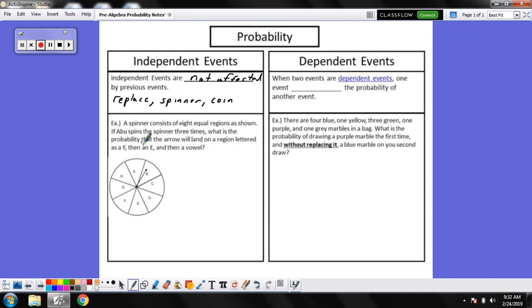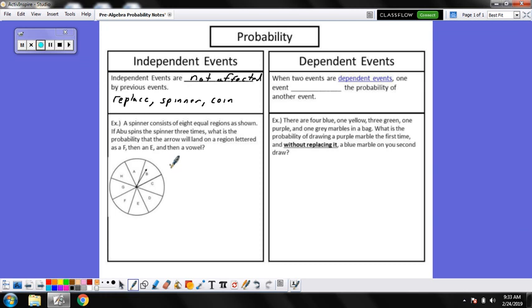So for example, we have a spinner that consists of 8 equal regions as shown. If Abu spins the spinner 3 times, what is the probability that the arrow will land on a region with an F, then an E, and then a vowel? What we're going to have to do here is first find the probability of each individual event.